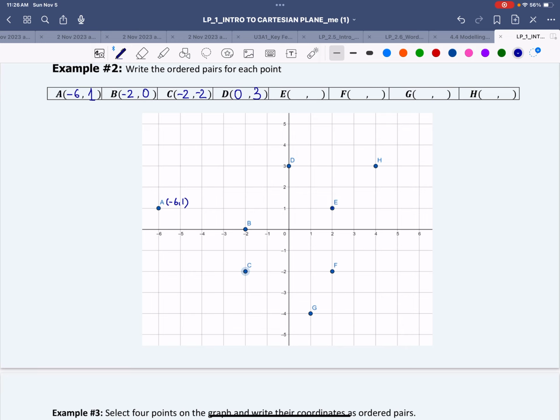Point E. So E has the x-coordinate 2, the y-coordinate 1, so 2 and 1. Point F. So F has the x-coordinate 2, the y-coordinate -2, so 2, -2. Point G. Point G has the x 1, y -4, so 1, -4. And point H has the coordinates 4 and 3, so x equals 4, y equals 3.